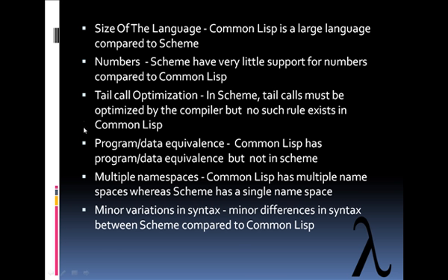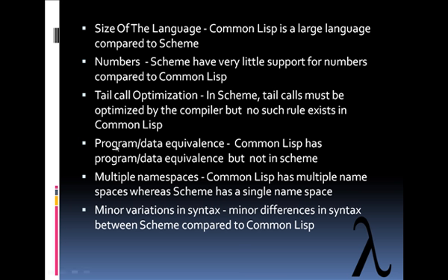No such rule exists in Common Lisp, although many Common Lisp compilers actually do optimize tail calls. It is therefore less frequent in Common Lisp to use tail recursion for traversing lists. Instead, Common Lisp has a rich set of iteration primitives for exactly that purpose.